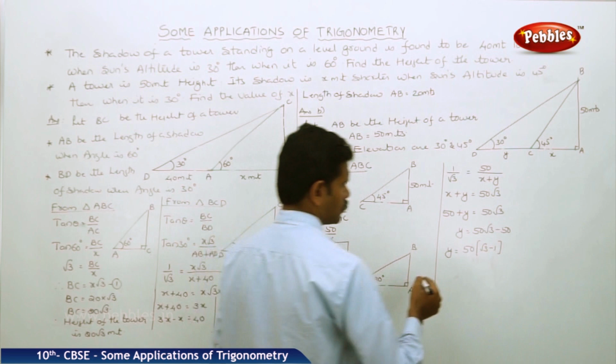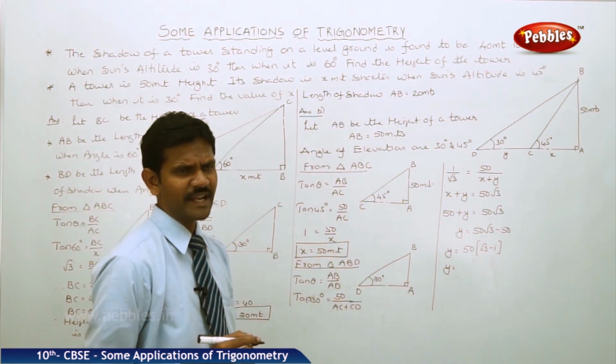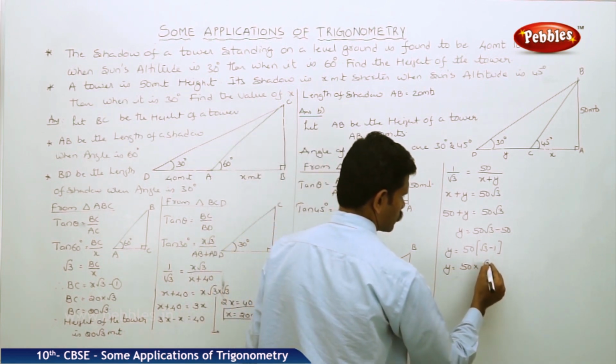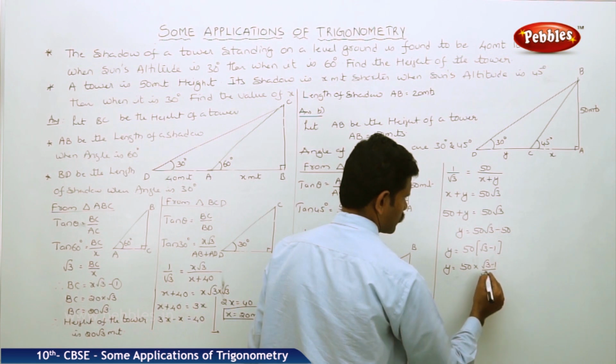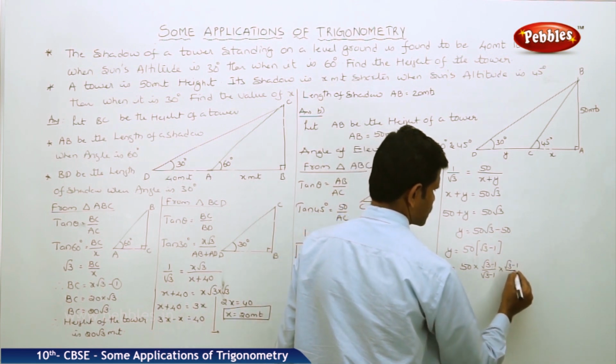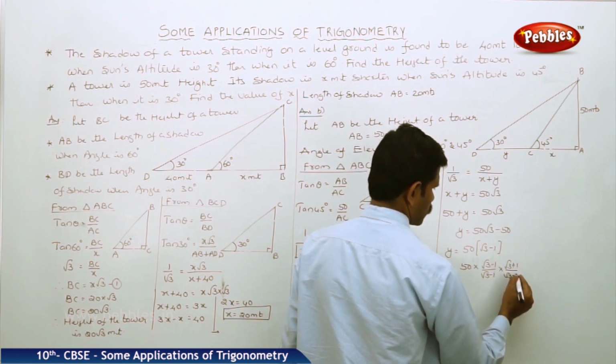Now y is equal to, rationalize, 50 into root 3 minus 1 by root 3 plus 1 into root 3 minus 1 by root 3 minus 1.